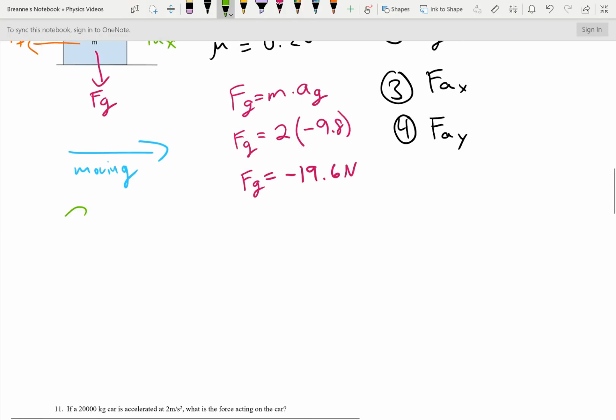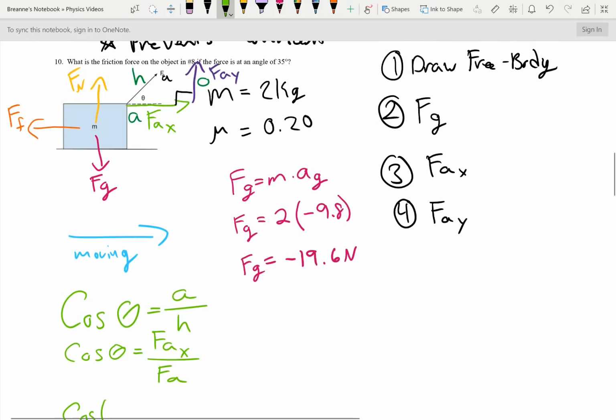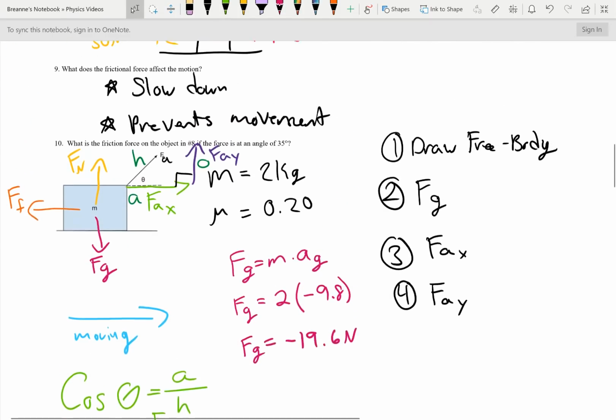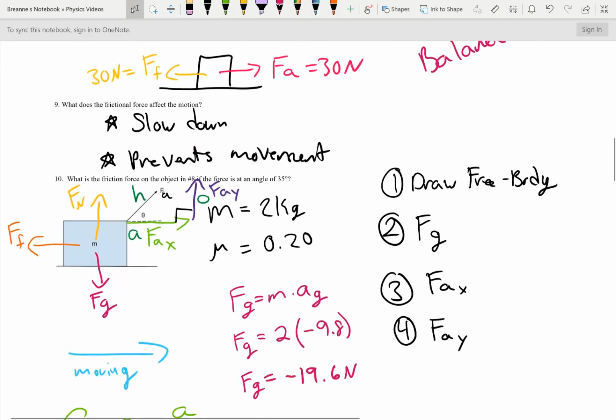Cosine theta is adjacent over hypotenuse. So again, our adjacent is force applied in the x. Our hypotenuse is just our force applied. So we can plug in what we have. Our angle is 35. We don't have our force applied in the x, but we have our force applied. Our force applied is just 30 newtons.